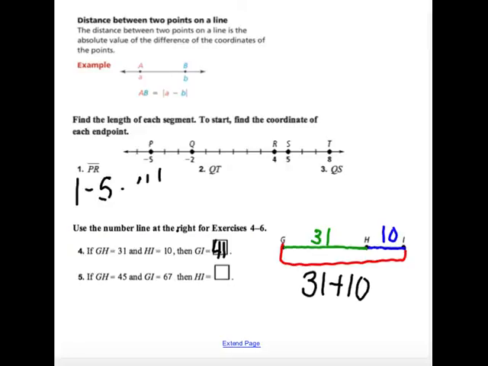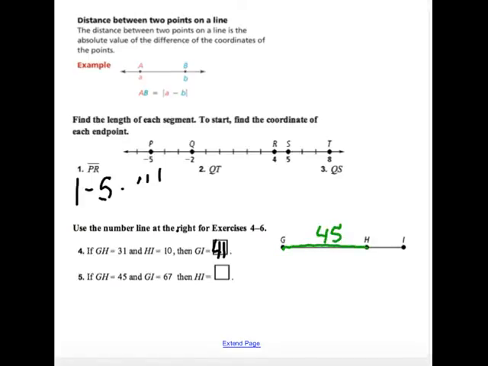Next problem looks a tinge different. It says GH is 45. And then it says GI, so the whole thing from G to I, is 67. And I need to find HI.